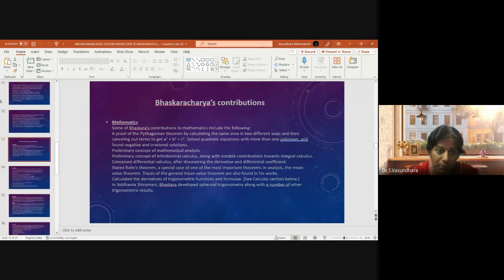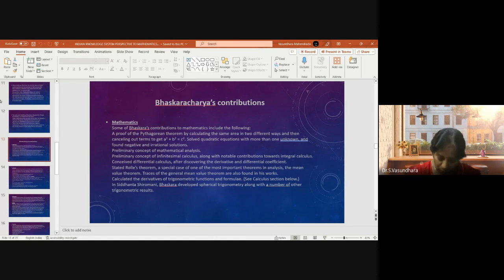The contributions of Bhaskaracharya: he gave the term cancelling the area in two different ways. He solved quadratic equations with more than one unknown and found negative and irrational solutions.